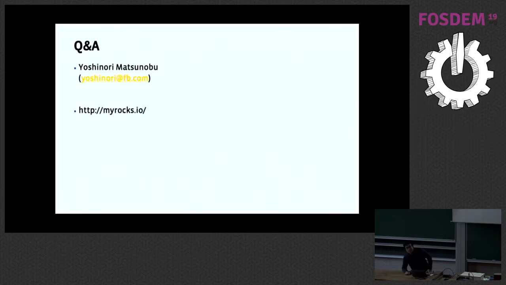LVM snapshot? Okay. The question was if you can take an LVM snapshot. I think it's doable. RocksDB's SST files are immutable, but the write-ahead logs are mutable, so it's a bit complicated.